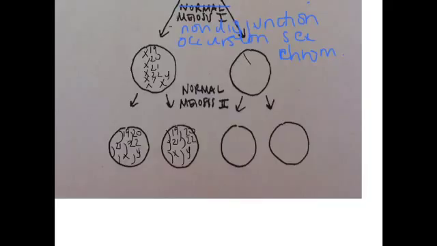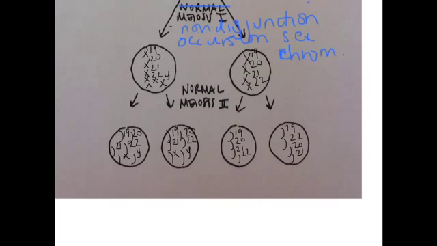Whereas this cell would have no sex chromosomes. And then when you split again, 19 to 22, 20 and 21, doesn't matter.